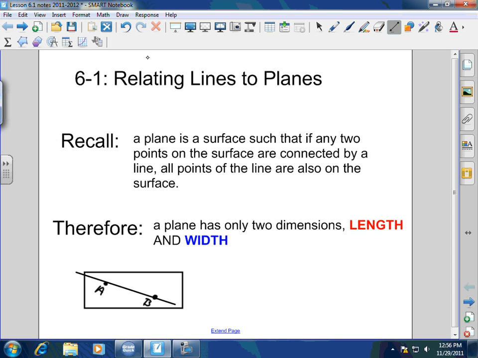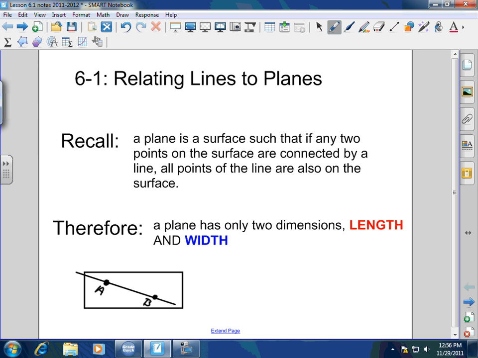So these 2 guys here are on the same line, they're collinear, and they're on the same plane. It's on a flat surface. That's a plane, and a plane is 2-dimensional. It has length and it has a width.